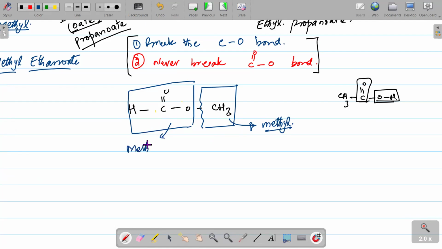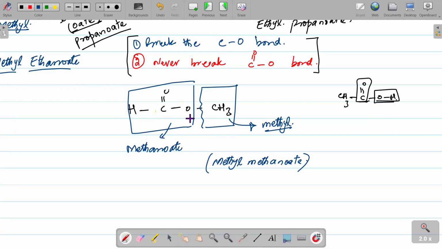From methane, it is methanoate. So by combining these two, you can write down the name of the ester: methyl methanoate. Is it clear?